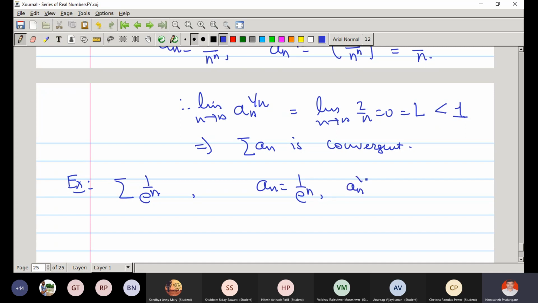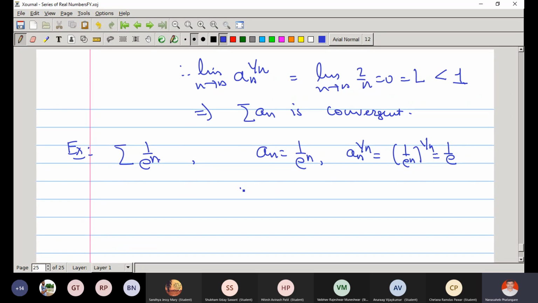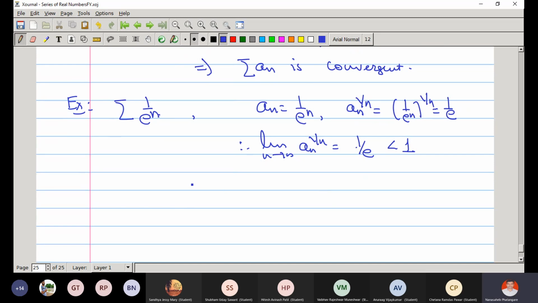And therefore what is an raised to 1 by n? 1 upon e, which is constant now. And therefore the limit is 1 by e, and 1 by e is less than 1, right? Therefore series 1 upon e to the power n is convergent.